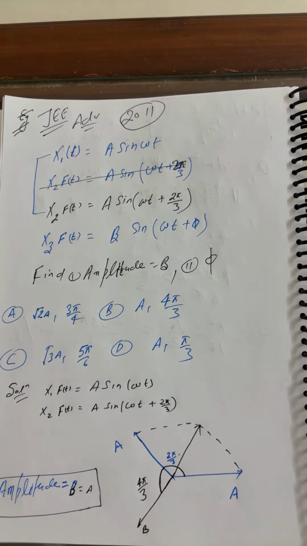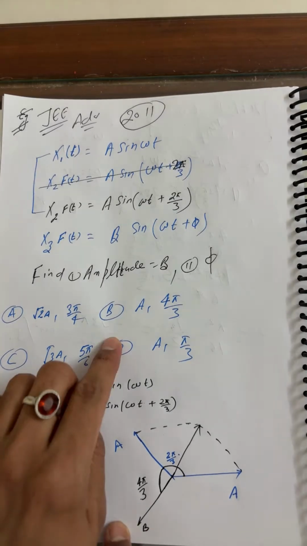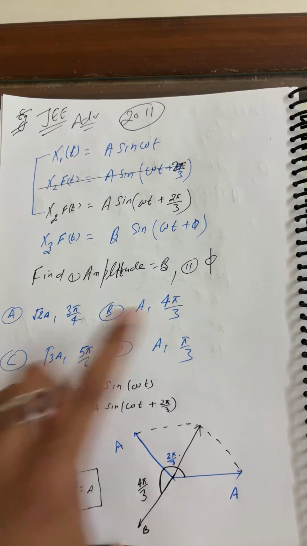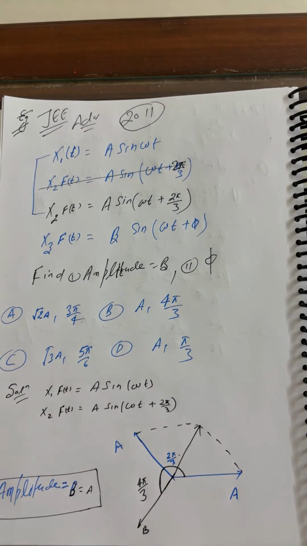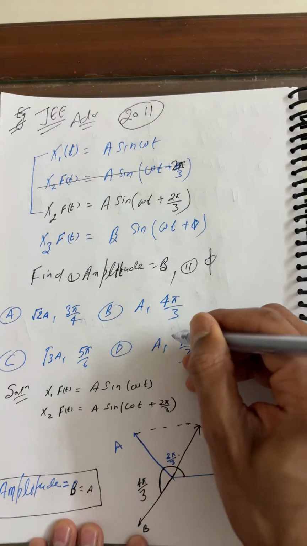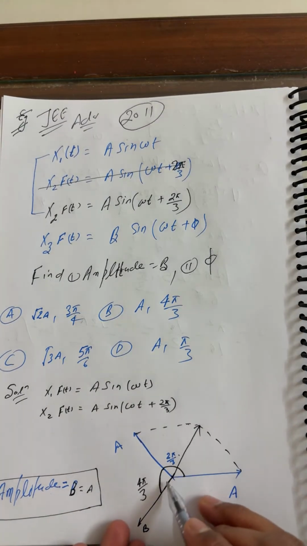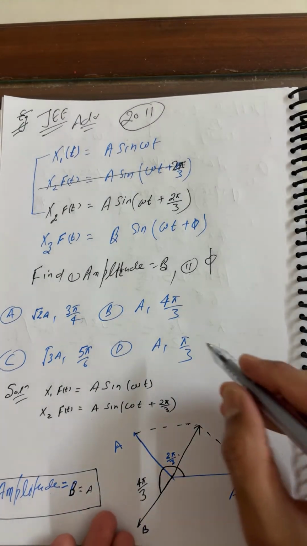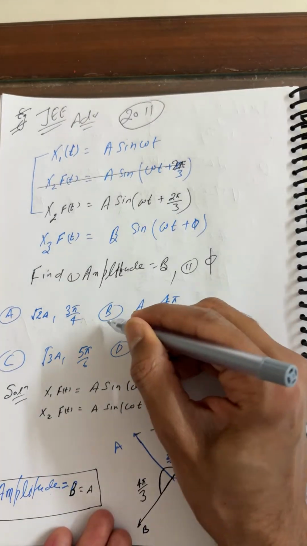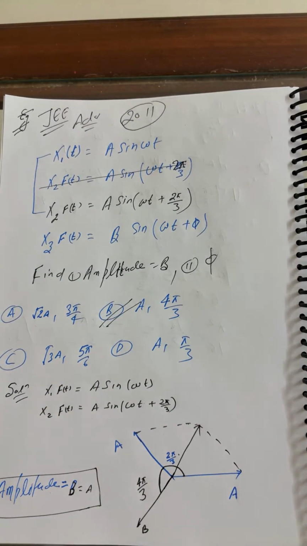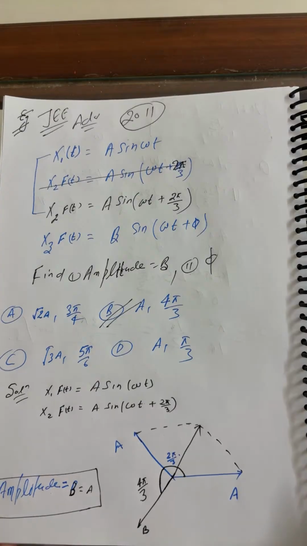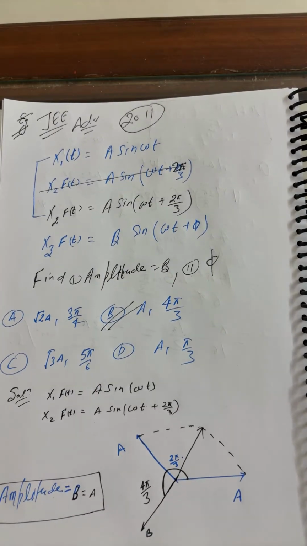So this is amplitude A and the phase difference is 4 pi by 3. Correct, because this entire angle is pi only. So you can say option B is the correct answer. Okay, very good.